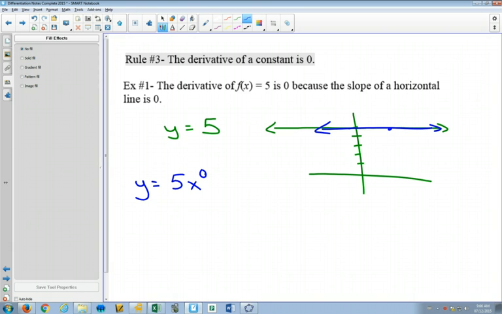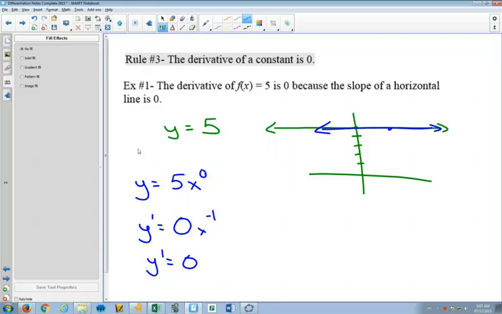Well, let's say you apply your power rule to this. Your power rule says that first of all, we bring the 0 out in front. What's 5 times 0? 0. And then you subtract 1 from the exponent. Now I have 0 times x to the minus 1. What is 0 times x to the minus 1 always going to be?